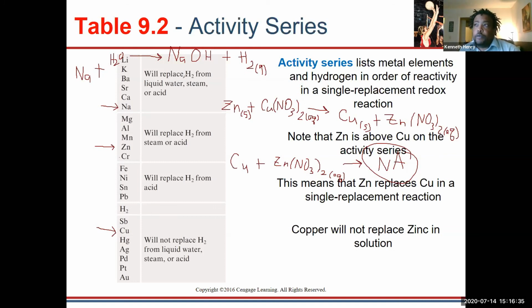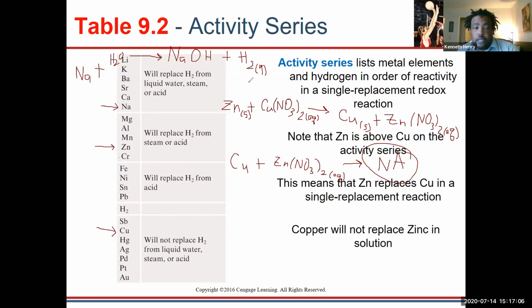So it'll actually replace the H that's in water, and so you end up with sodium hydroxide and hydrogen gas. So the same thing will happen with steam, liquid water, and also if it was an acid, like HCl, it'll replace that H in HCl, so you'll end up with a salt, and then you'll have hydrogen gas.